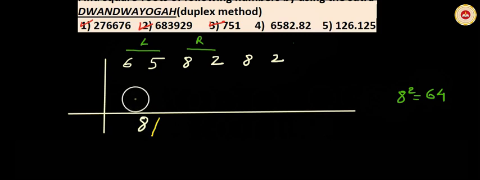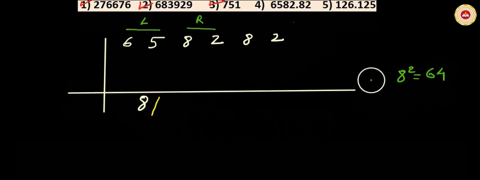Now the next step is to calculate the divisor, or we will write the divisor here later. First of all, let us subtract 64 from 65 and write the remainder here. After that, we will calculate the divisor and write it in this area. Correct?